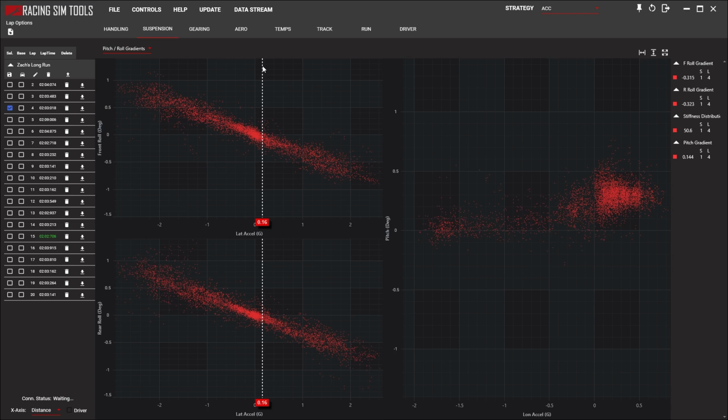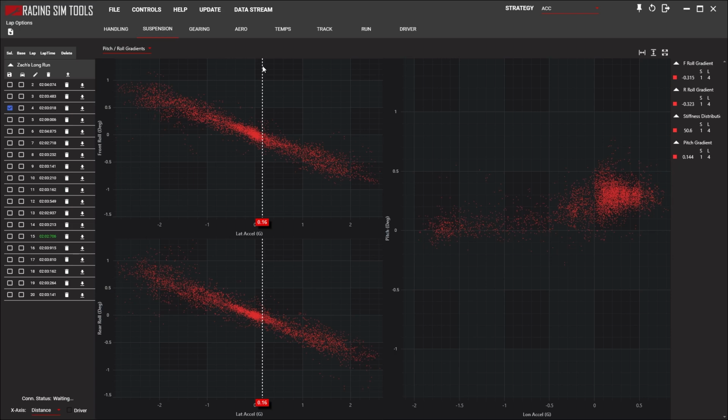For example, Kyalami, that uphill right-hander after the crest, a lot of the times I like the mid-corner behavior, but as soon as I get on throttle, I start to understeer really bad. And I don't really want to affect the mid-corner behavior. So what I do is I will increase the spring stiffness on the rear. As I move that load backwards, we're going to start loading up that rear tire quicker, which gives us a little bit more rotation.